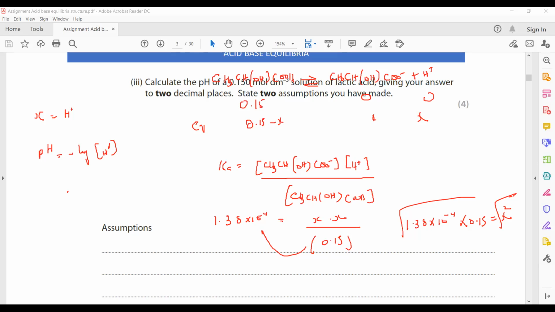So that's the hydrogen ion concentration. Then find the pH. So pH is equal to minus log of hydrogen ion concentration. Substitute the value, 4.55 × 10^-3. You get 2.34, to 2 decimal places, as the pH for this solution.